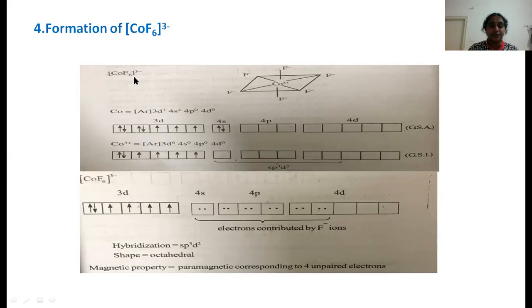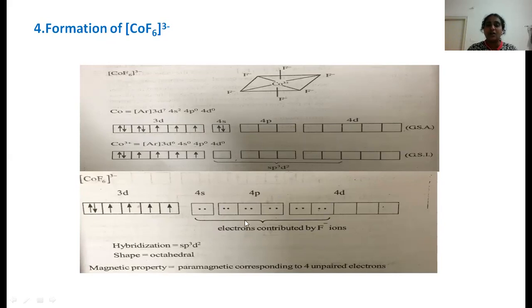But in this complex, fluorides are weak field ligands. So in the presence of weak field ligands, the electrons won't undergo pairing. So here no pairing takes place, the 3d orbitals are not empty, hence 4s, 4p and 4d orbitals are involved in hybridization and form the sp3d2 hybridization.